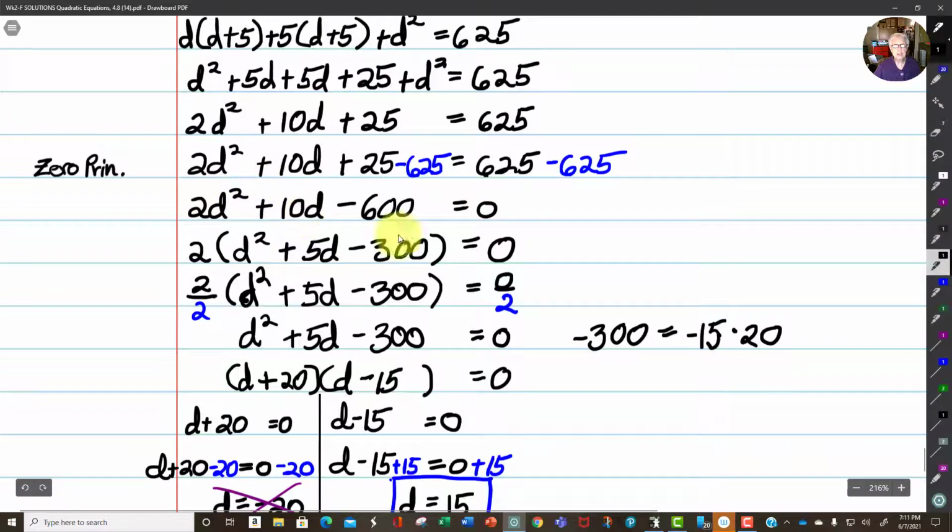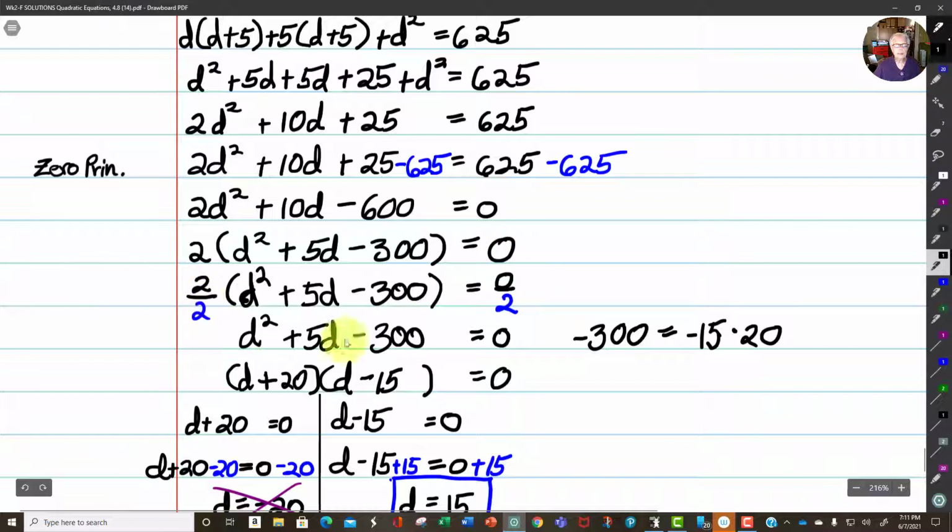And each of these terms contains a 2. So I pull out the 2. 2 is my GCF. 2 times the leftovers, d squared plus 5d minus 300, equals 0.